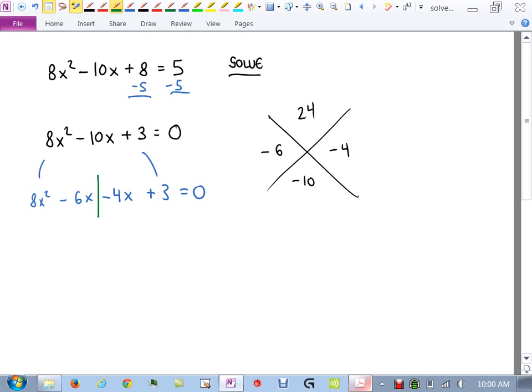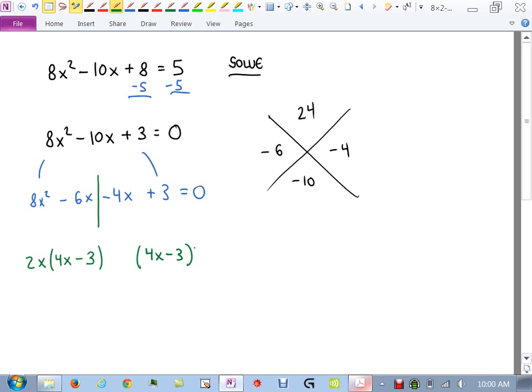Let's pull the GCF out of the first two. 2x leaves you with 4x minus 3. Just the 3, because you have the x out there, right? Now you need that to match over here. Be careful. Look at this one. You need to match. The other one here needs to be a 4x minus 3 also, right? I need these two to match.